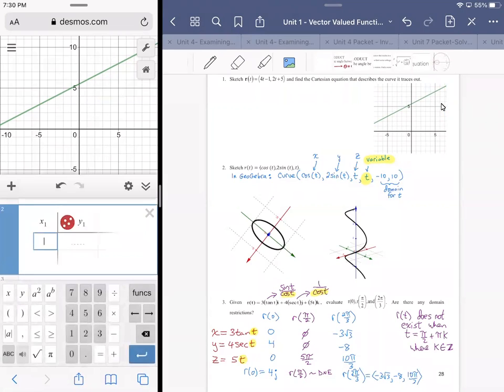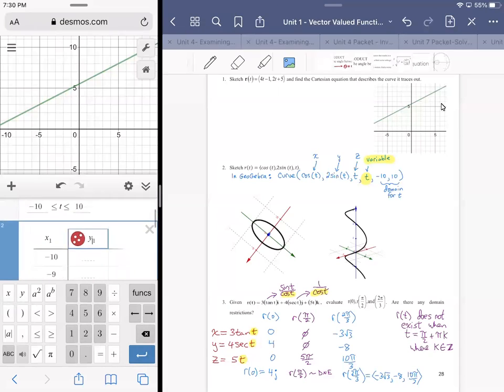I'd make a table and say negative 10, negative 9, 8, 7, all the way up to positive 10 if you want, negative 10 to 10, just like we did there. Instead of y1, I could say I'm using 4x1 minus 1, and then 2x1 plus 5.